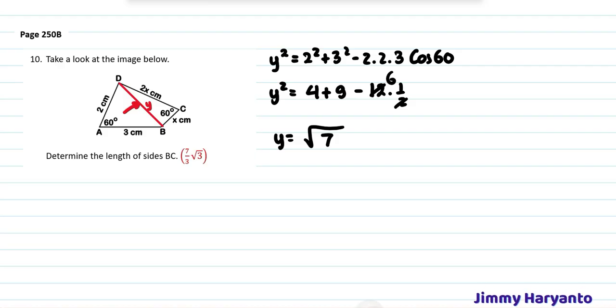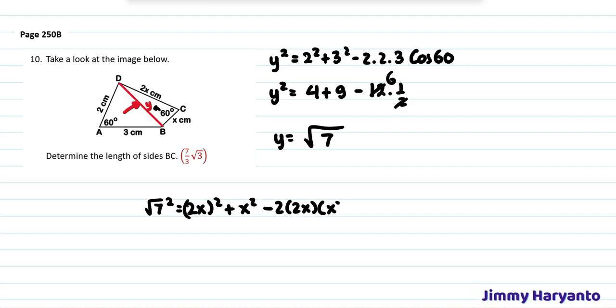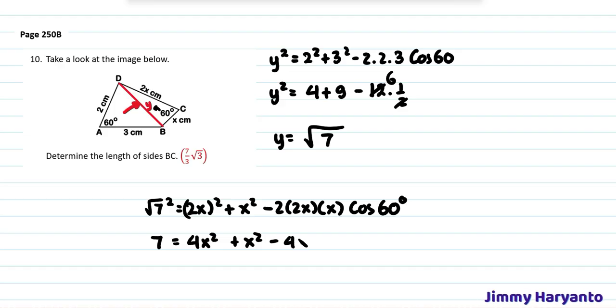And then next I will use this triangle to find x. We will use the cos rule again because we only have one angle right there, which is 60. The opposite of the angle is y, so square root of 7 squared equals 2x squared plus x squared minus 2 times 2x times x times cos 60. Okay, let's calculate this. 7 equals 4x squared plus x squared minus 4x squared times half, since cos 60 is half.